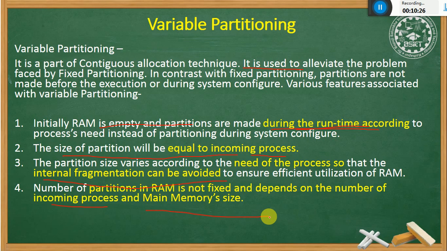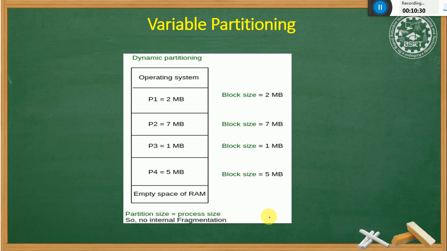It will depend upon the incoming process size as well as memory size. So that is an example of variable length partitioning. एक ब्लॉक 2 MBचा आहे, दुसरा 7 MBचा आहे, तिसरा 1 MBचा आहे, चौथा 5 MBचा आहे आणि एम्प्टी स्पेस राहिला आहे. ह्यामध्ये एक्सटर्नल फ्रॅगमेंटेशन होऊ शकतं पण इंटरनल फ्रॅगमेंटेशन होणार नाही.